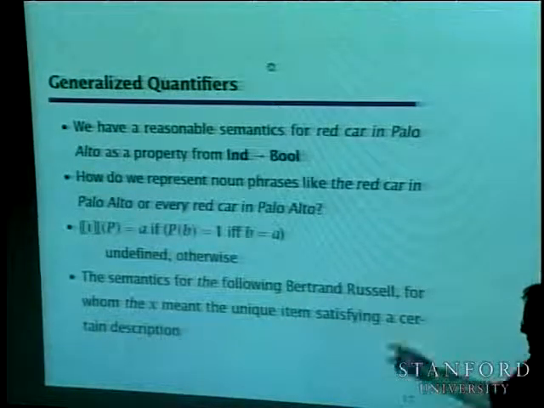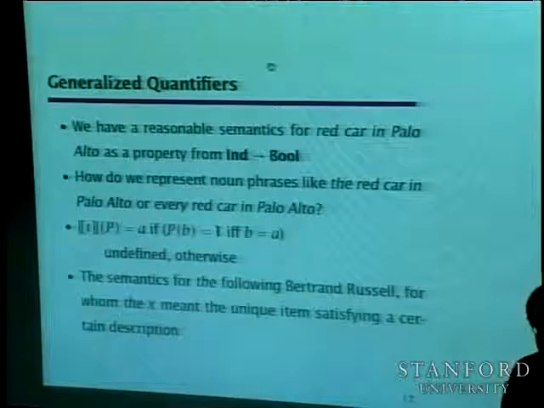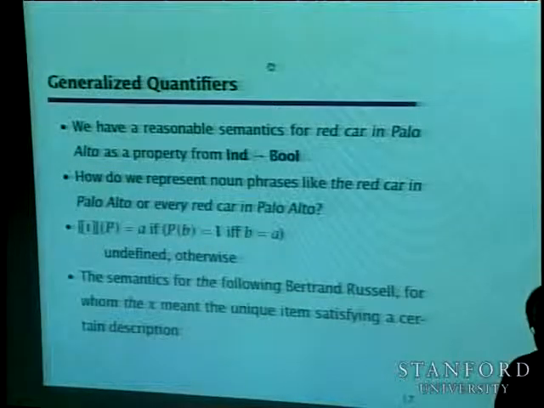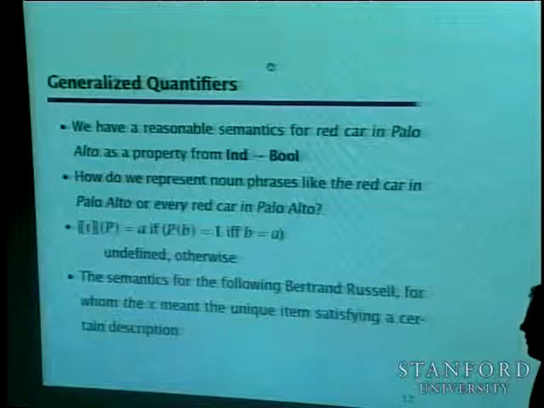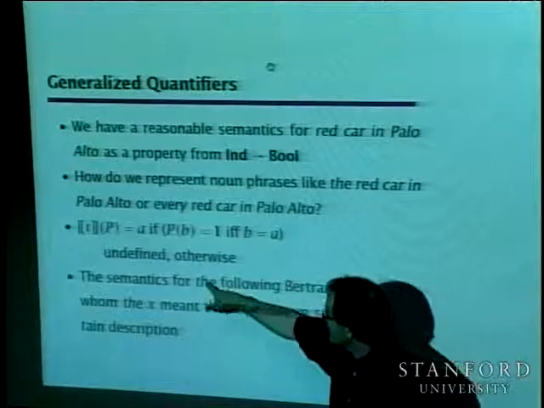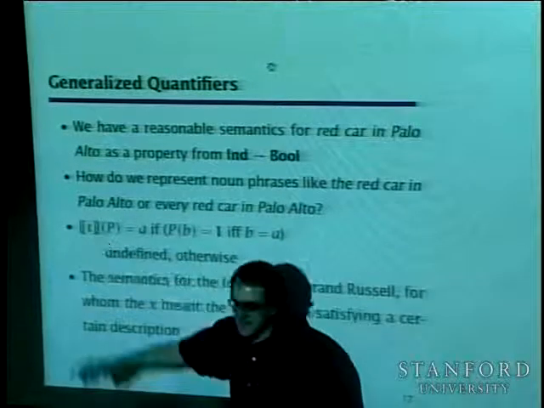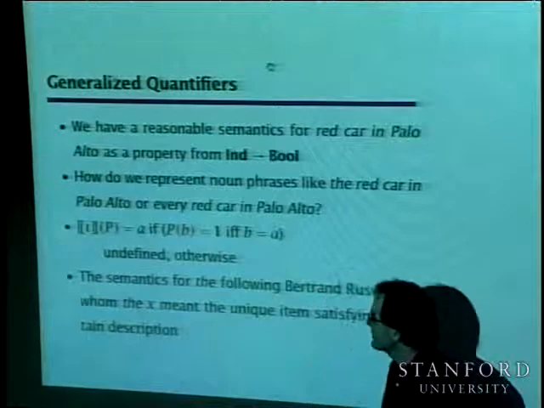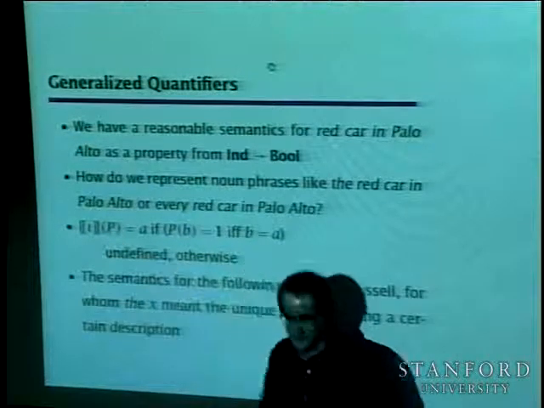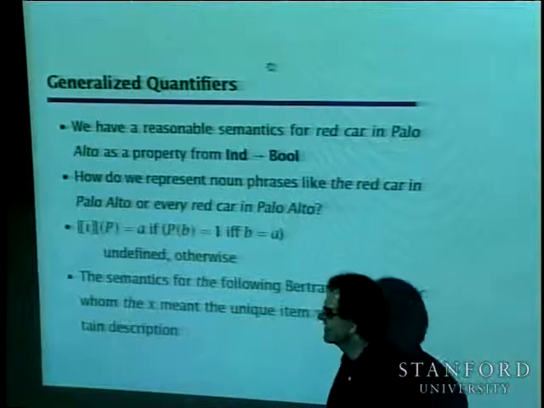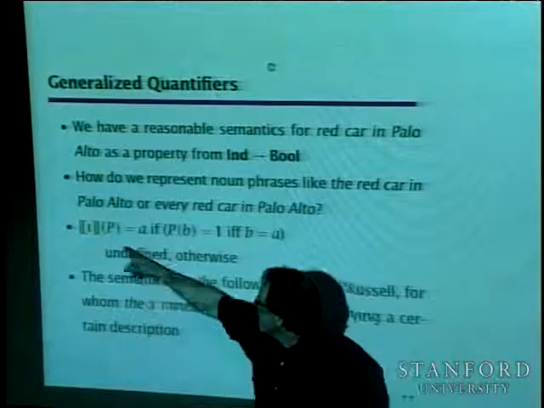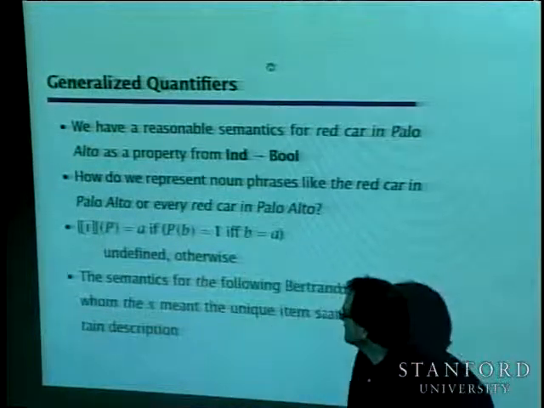And so a possible semantics for "the", and this is actually precisely the semantics for "the" that was proposed by Bertrand Russell, is to say that the meaning of "the" he represented as the iota function. So iota is the semantics of "the", which was back in the lexicon if you look back 10 slides. The meaning of "the" is that this is a partial function.